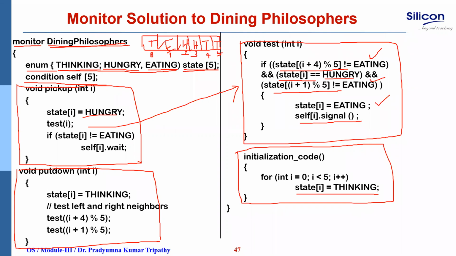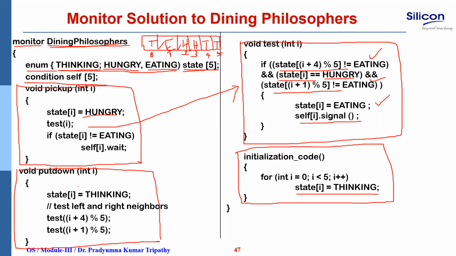So till the time we'll put the check that if state of I is not equal to eating, we'll have eating over here and self of I dot signal. Correct? So after that, when it comes over here, it checks that if it is not eating, then wait. So when it is finished, it will invoke the wait over here.